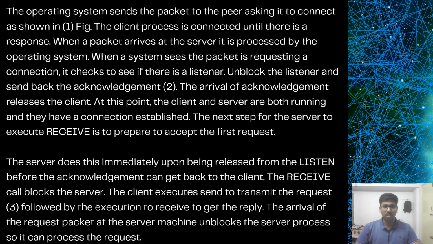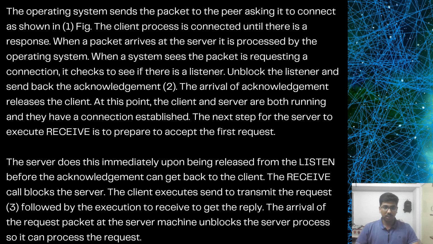The next step is for the server to execute receive to prepare to accept the first request. The server does this immediately upon being released from the listen, before the acknowledgement can get back to the client. The receive call blocks the server. The client executes send to transmit the request. That's the third step, followed by executing receive to get a reply.